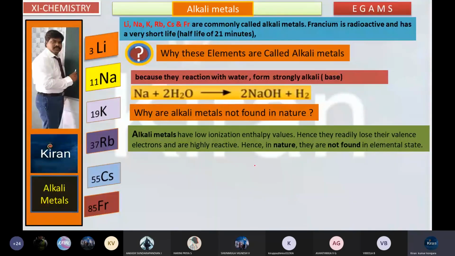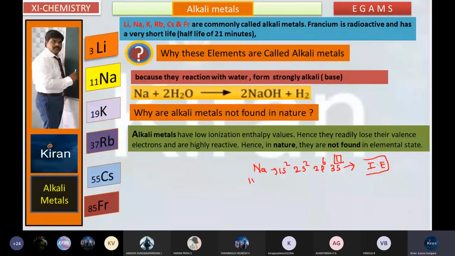Taking sodium, for example: atomic number 11, the electronic configuration is 1s2, 2s2, 2p6, 3s1. Always these elements lose this one electron. The amount of energy required to remove the last electron is the ionization energy.